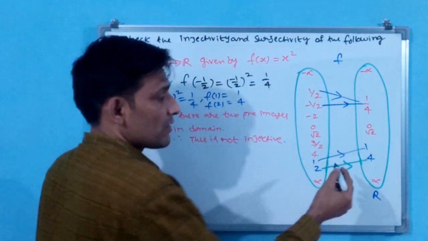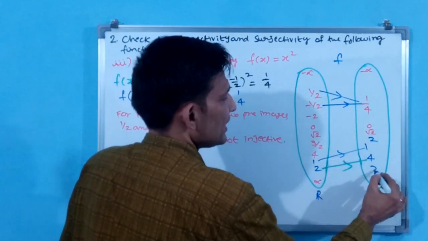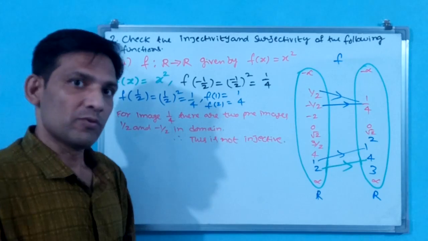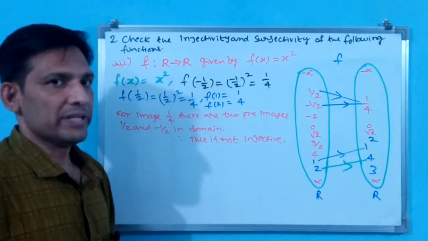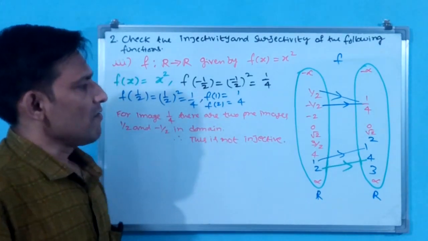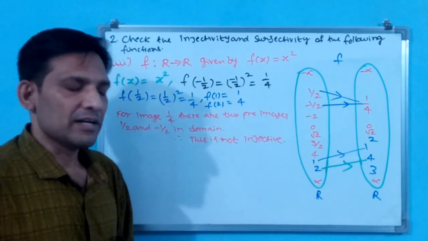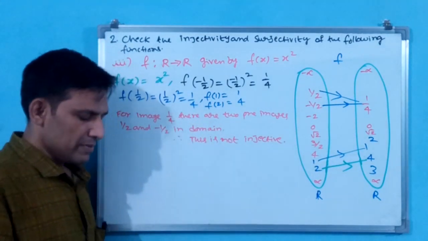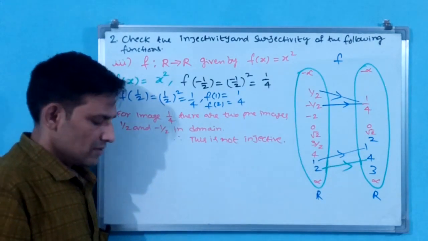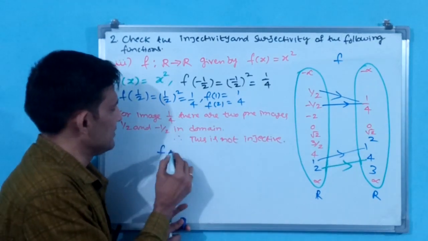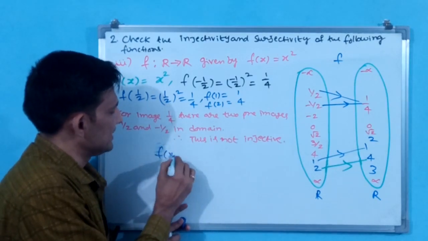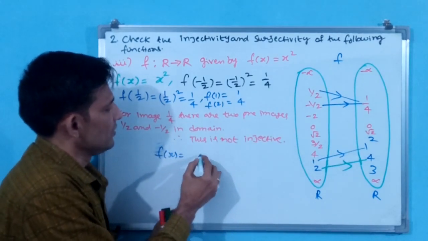See, after 1 and 4, 2, 3 also will be there. Now let us see whether these are having a relation or not. Now for 2, what will be the relation? For 2, f of x is equal to 2.